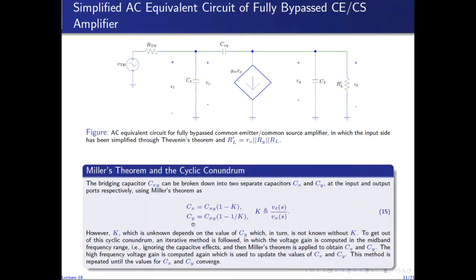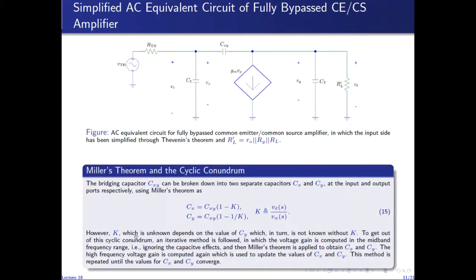So CY depends on K, which is the gain. So the gain is unknown. And if we try to apply Miller's theorem to simplify the circuit to find the gain, then the resulting capacitor on the output side, CY, which in turn depends on the gain, will not be known.